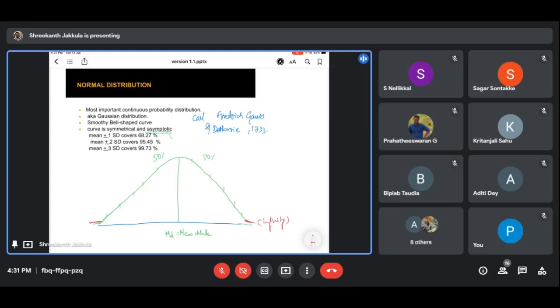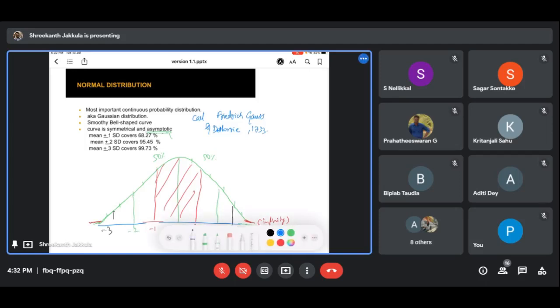Here, this is the mean, and we are seeing some deviations: -1, +1, then +2, -2, then -3, +3.